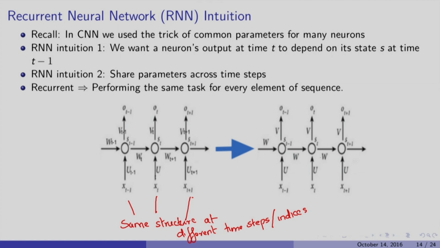We not only impose a structural requirement, we also talk of shared parameters, which is what makes the network recurrent, performing the same task for every element of sequence while sharing parameters. Is there a way we can reflect this property into the physical neural network? So here is the question we want to address next.